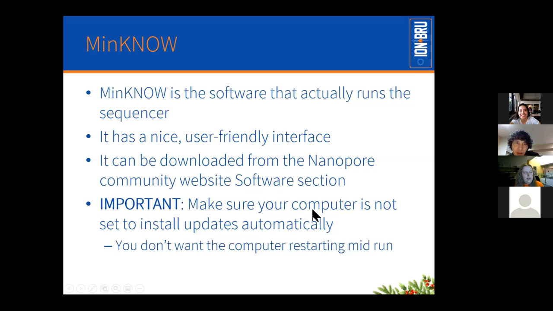It's important to make sure your computer is not set to install updates automatically, because Windows likes to shut down your computer in the middle of a run, and that's not helpful at all. You don't want to leave your sequencer running and come back an hour later to find that nothing has happened because it restarted right after you walked away. So usually you need admin rights for that. So that is something you really need to make sure is set up.